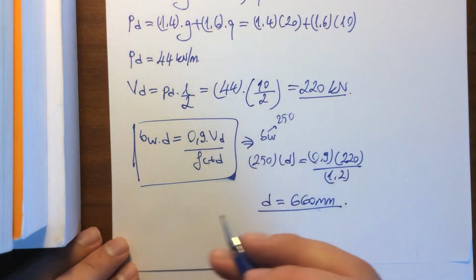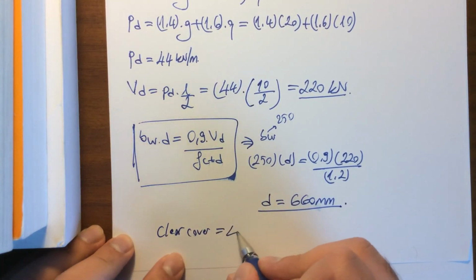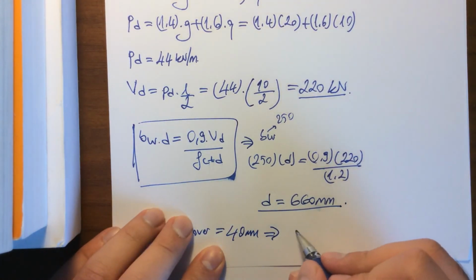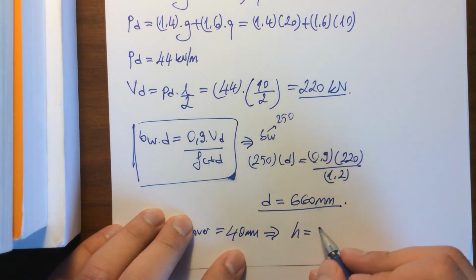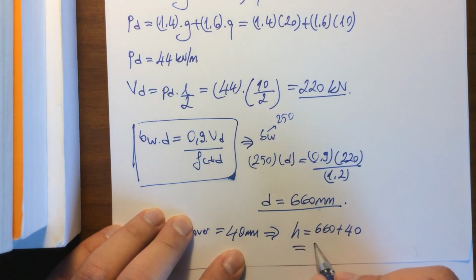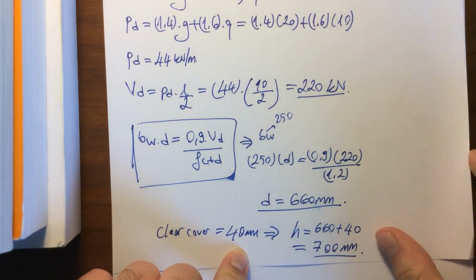And in that case, I'm taking the clear cover as 40 millimeters, which means that the total height of the cross section then becomes 660 plus 40, which is equal to 700 millimeters. That is what we've done in the preliminary design stage, and let's move on to the final design.